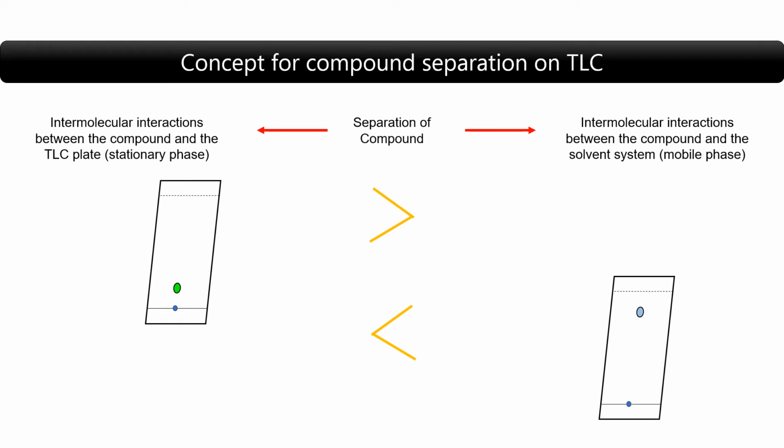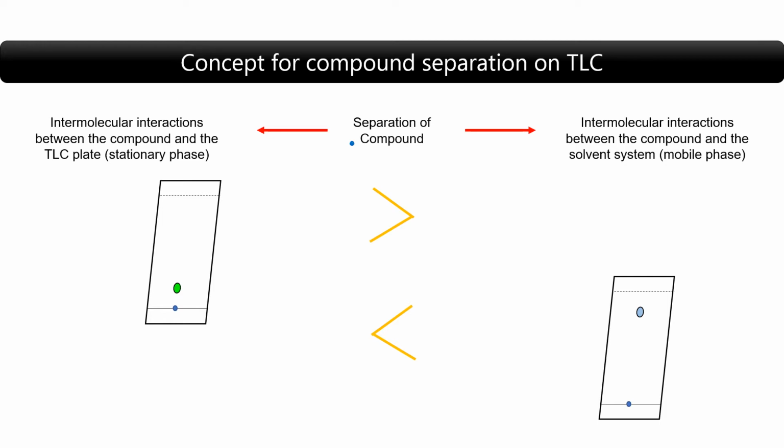Basically, the concept for compound separation on TLC is based on whether the compound applied on the TLC plate would prefer to form intermolecular interactions with the material on the TLC plate, like the dimethylsiloxane, or would rather prefer to form intermolecular interactions with the solvent system.